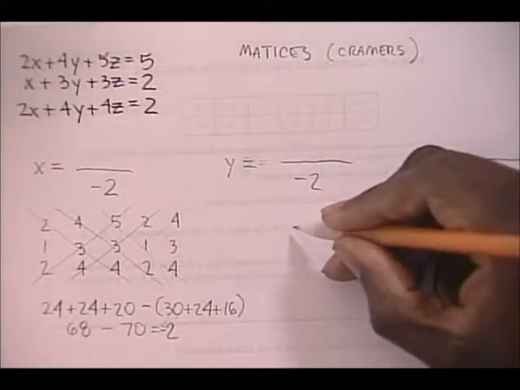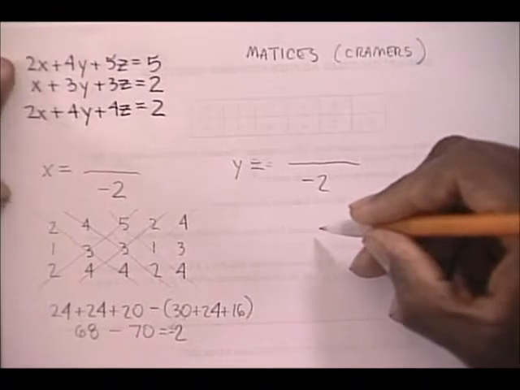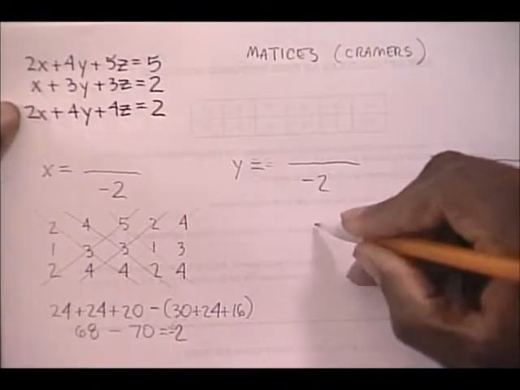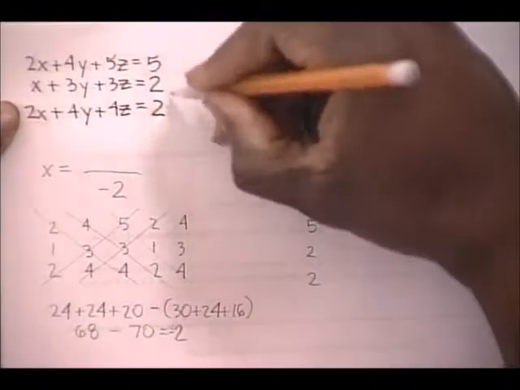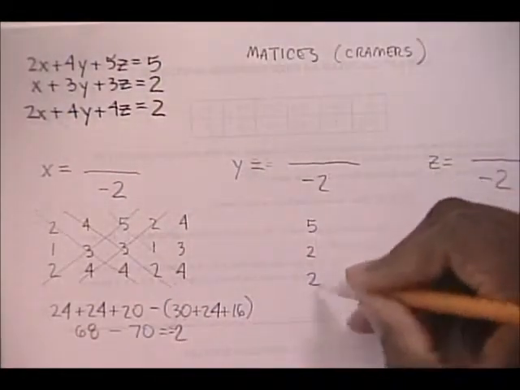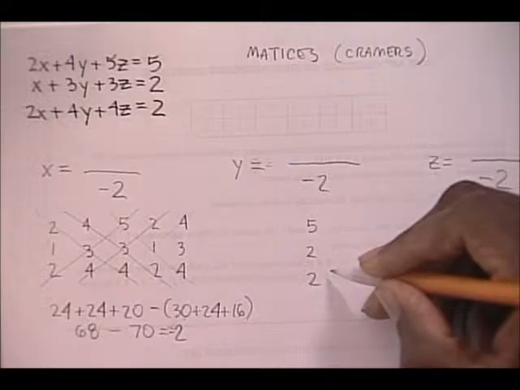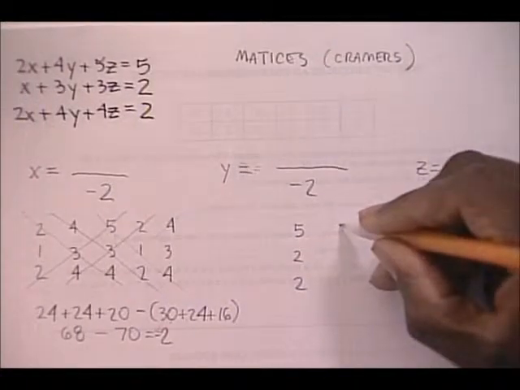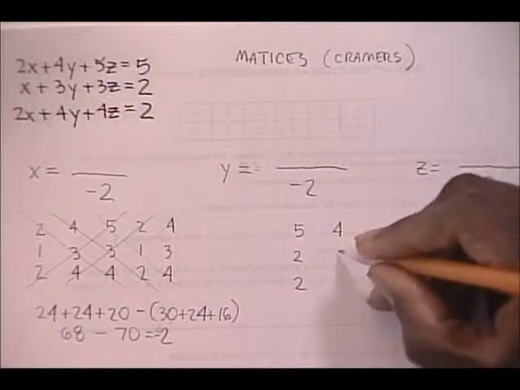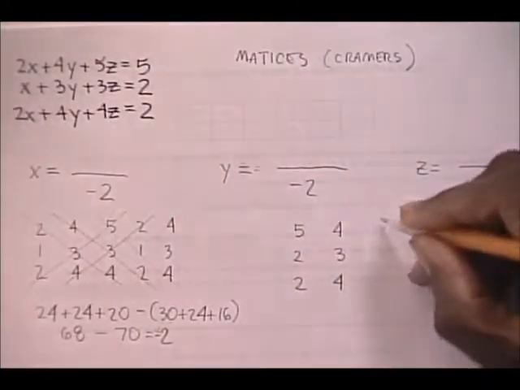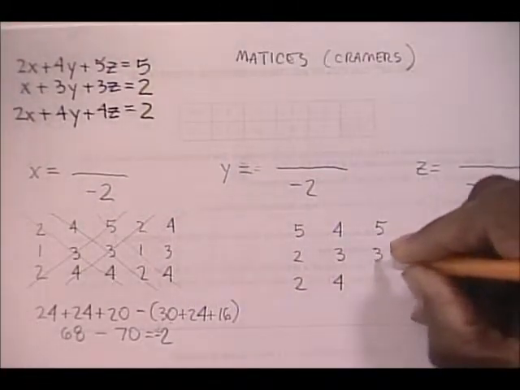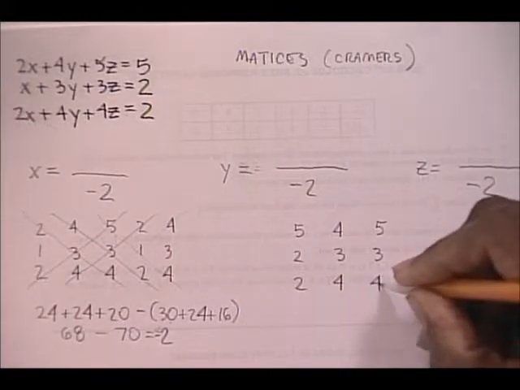So instead of 2, 1, 2, you substitute 5, 2, 2, which came from here, into your x column, and then you rewrite everything else. So we get 4, 3, 4, and then 5, 3, 4.